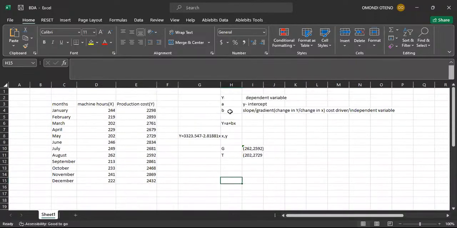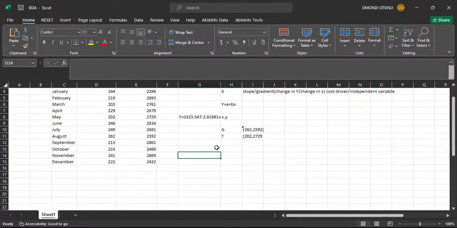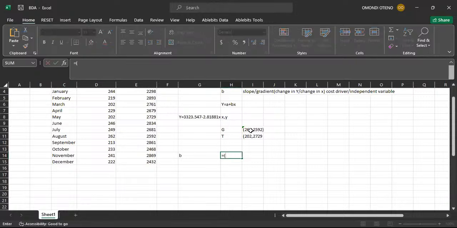we said for us to get B, which is the slope, the gradient, it is change in Y over change in X. So we come here and say our B is equivalent to change in Y. The highest value of Y is 2729 minus the lowest value of Y in the coordinates that we've picked, 2592.